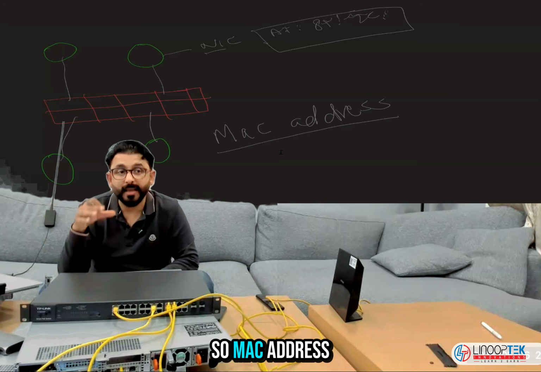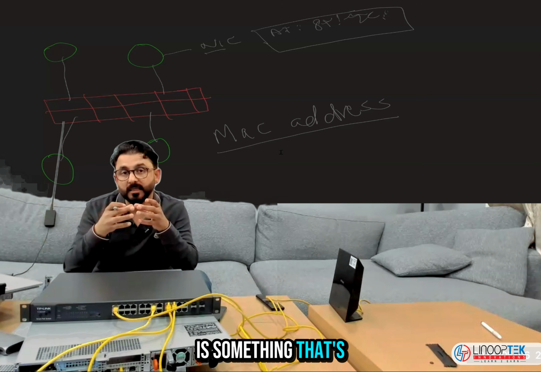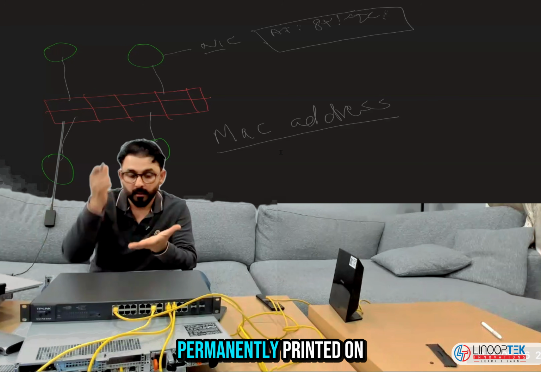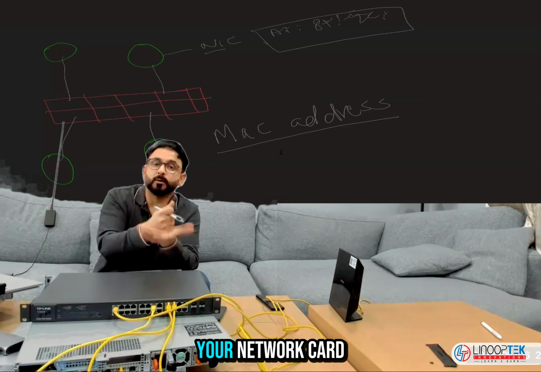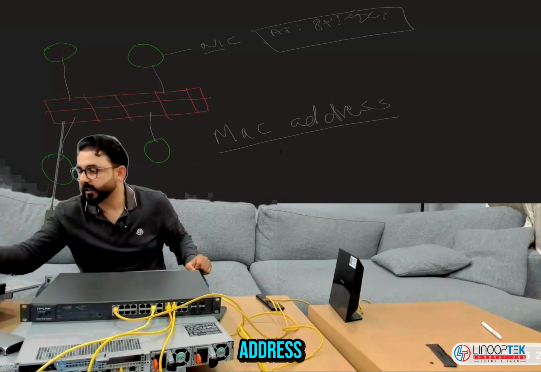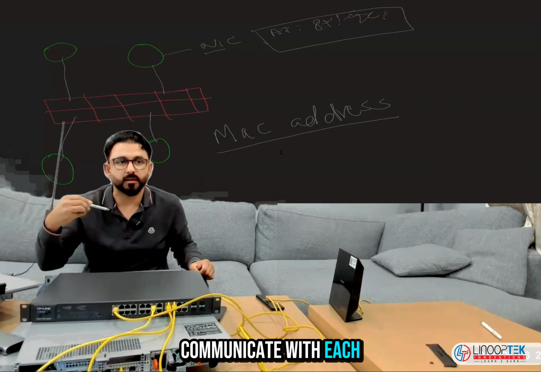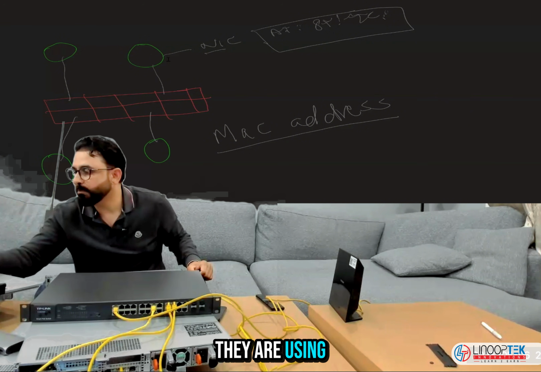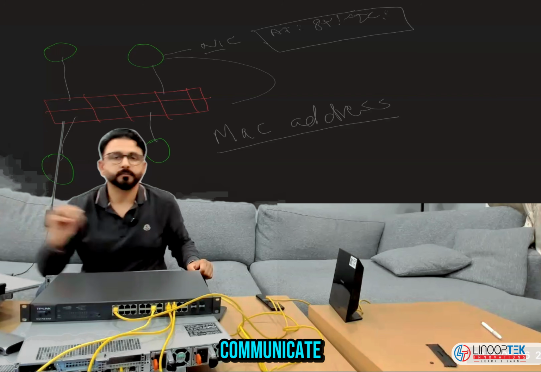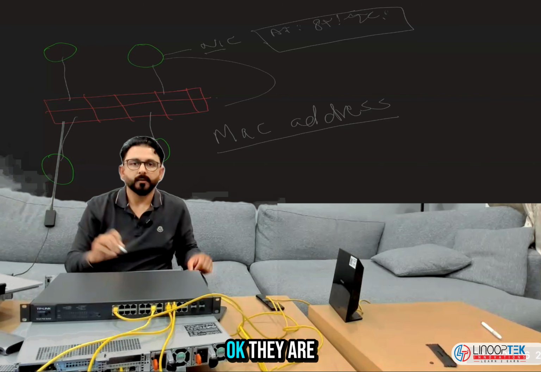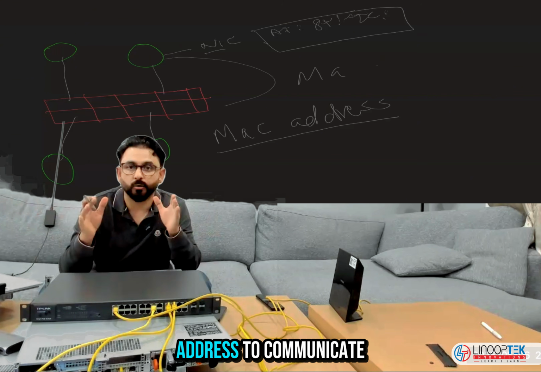So the MAC address is permanently printed on your network card, and when your server and the switch communicate with each other, they are using the MAC address to communicate.